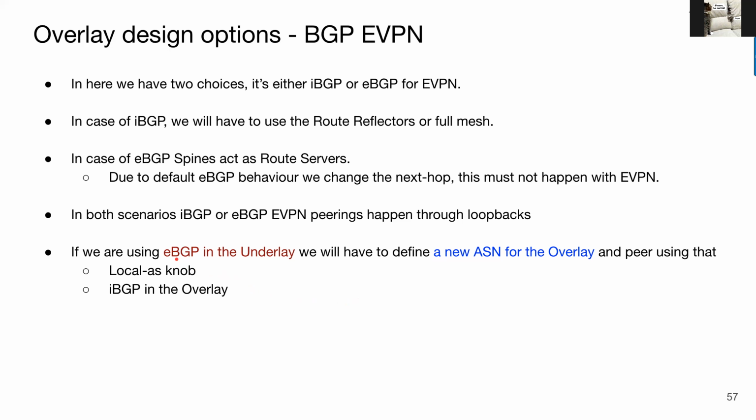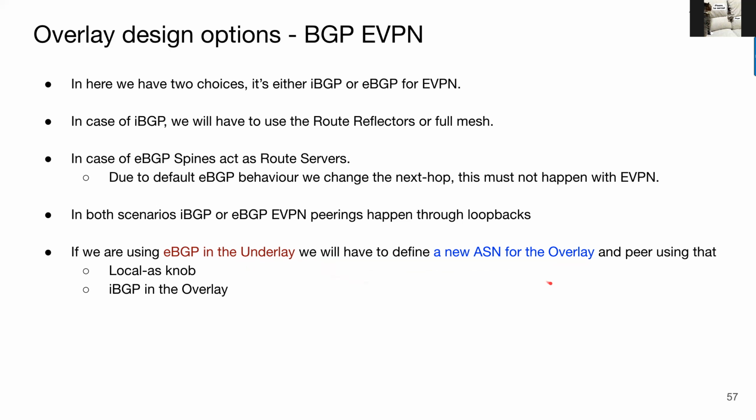And then if we're using EBGP in the underlay, I disagree with this. We're not defining a new ASN. We do define a new neighbor. In our underlay, we're going to use our locally connected interfaces as our BGP neighbors.